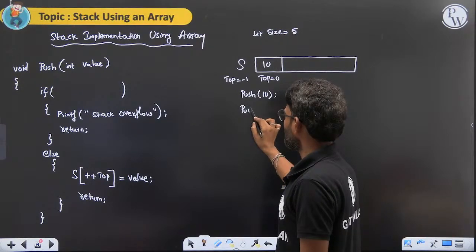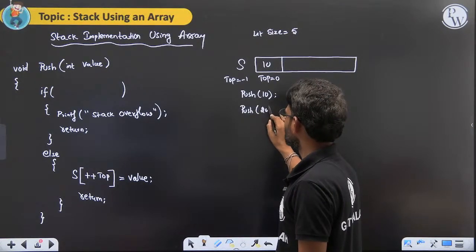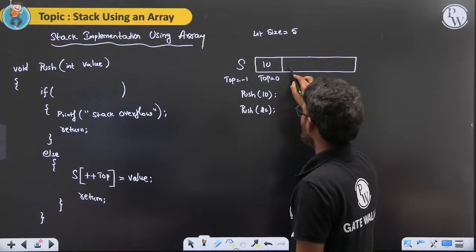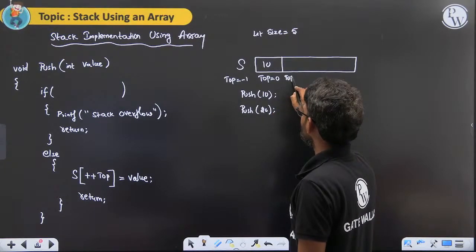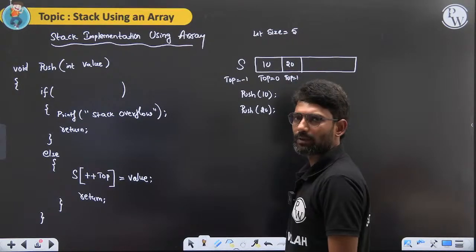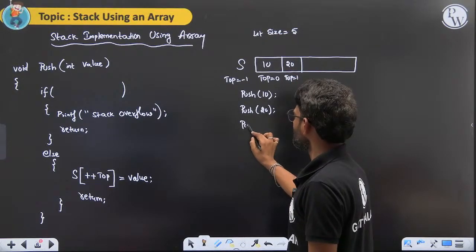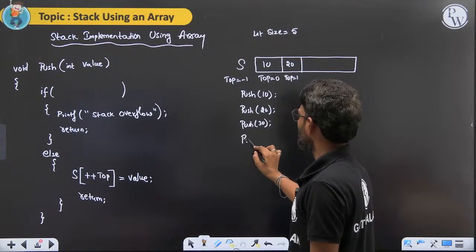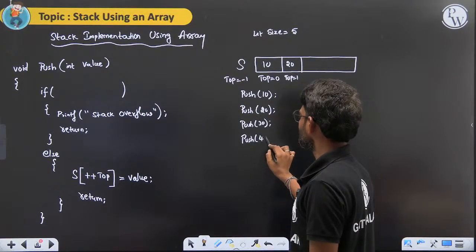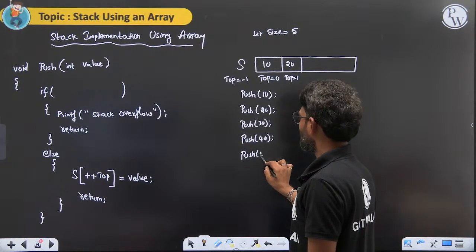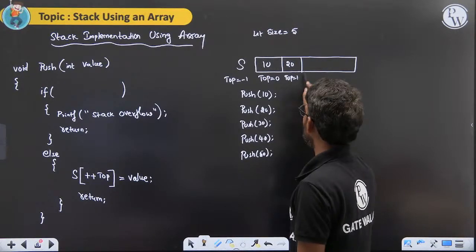Again I am calling this function. If is false, S of ++top becomes 1, S of 1 is equal to 20. In this way, I am pushing 30, 40, 50. 5 elements I have pushed.